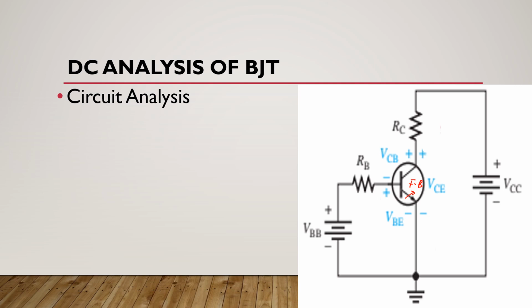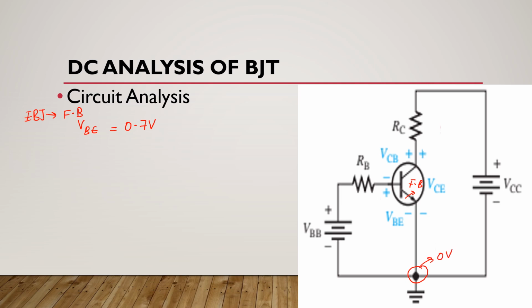It means when this emitter base junction is forward biased, then here this VBE is 0.7 volts. Now as you can see here, this emitter is at ground. It means it is at 0 volts.